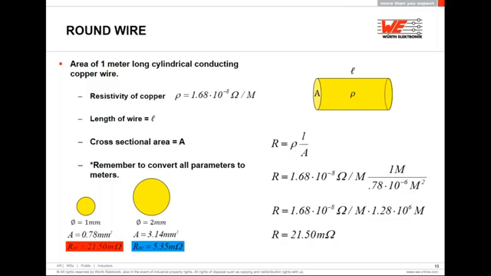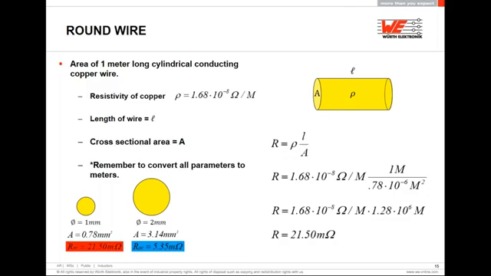This value is assigned to the Greek letter rho, and it is measured in ohms per meter. We would also need the length of the wire, which is the letter L on the formula, and the cross-sectional area, which is A. In order to calculate the direct current resistance, we must use the shown formula and always remember to convert all parameters to meters.